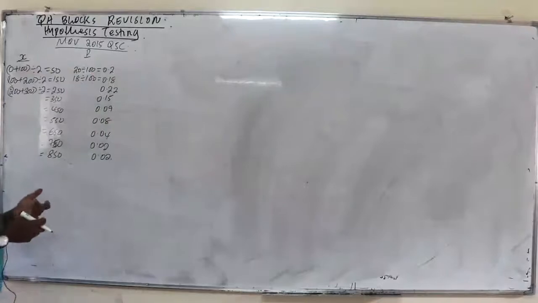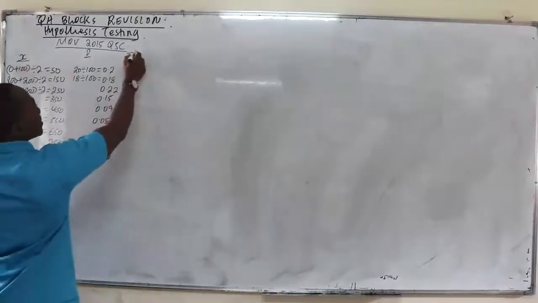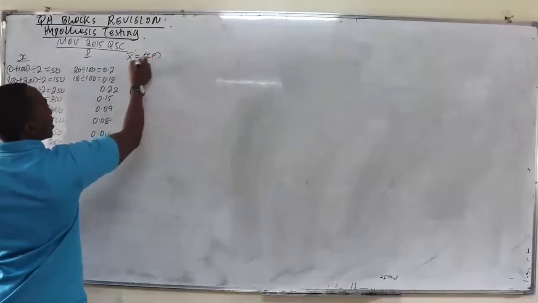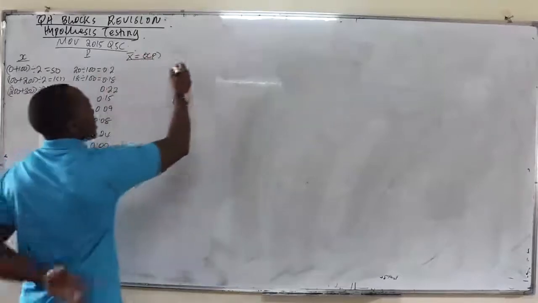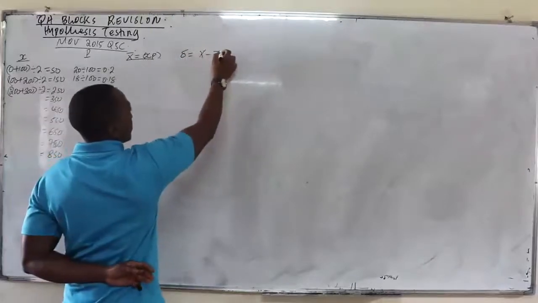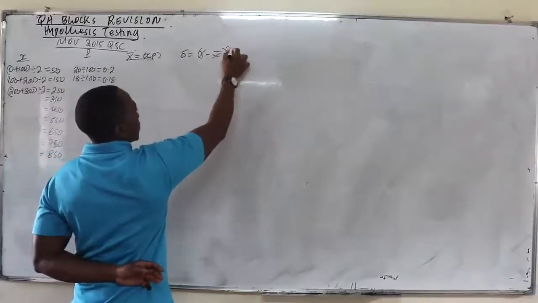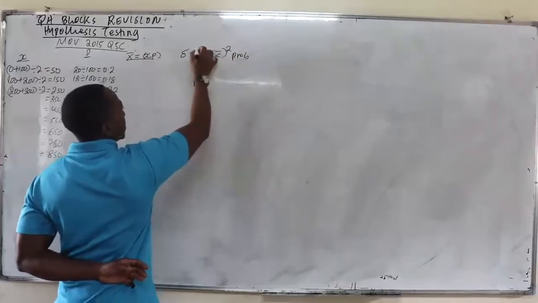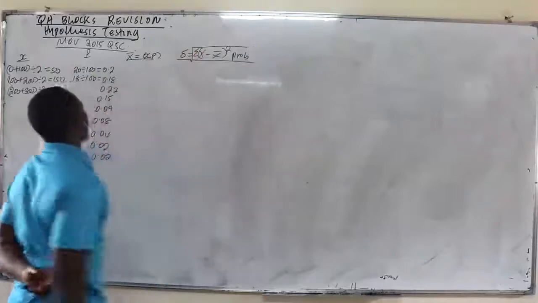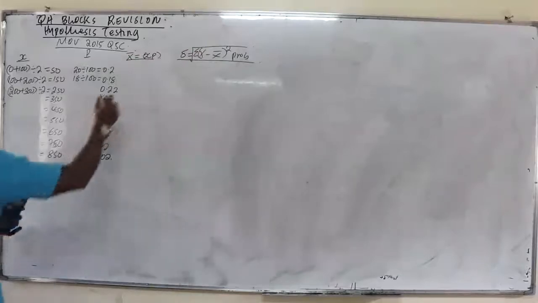So you have X and you have probability. First of all, you need to get the average, X bar. For X bar, you just take X and multiply by the probability. Then we need to get the standard deviation: you take X minus X bar, squared, times the probability, you add them, then you get the square root. So let's do that. The first one, you take 50 times 0.2, and you have 10.